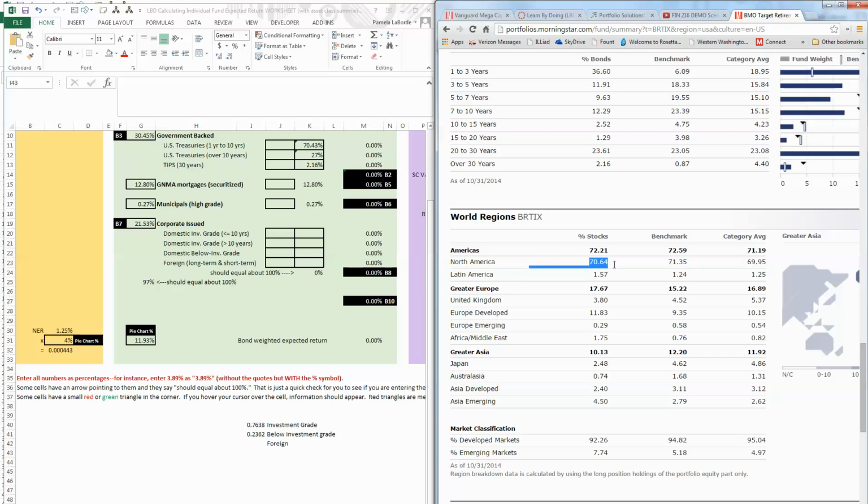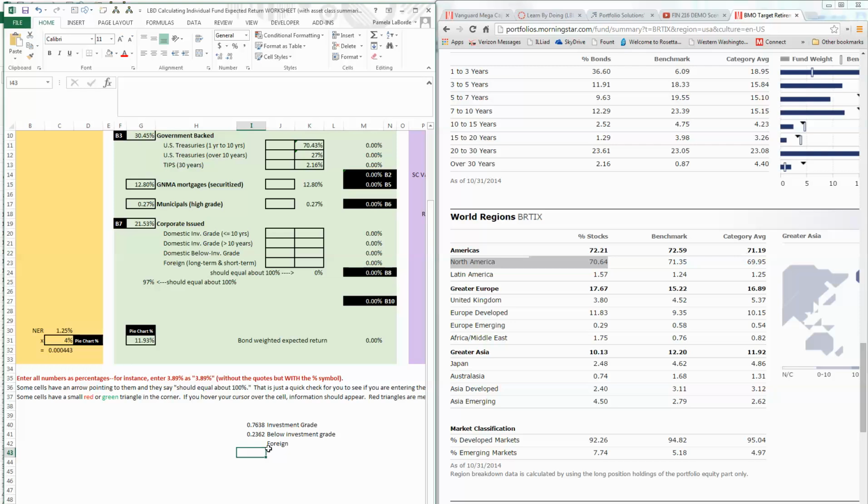So we'll just consider Canada and Mexico part of America for this. Well, because they've broken it down by North America and they've separated that.